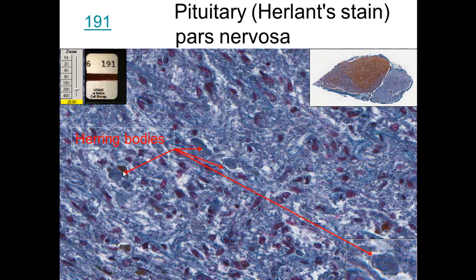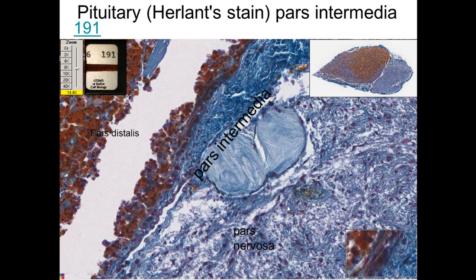Again, we can see the Herring bodies in through here, kind of granular things that we can see. So this is the pars nervosa, pars intermedia that's coming through here, and the pars distalis.